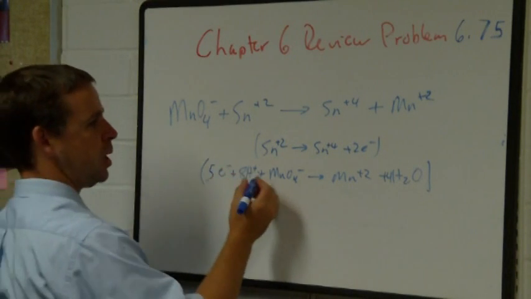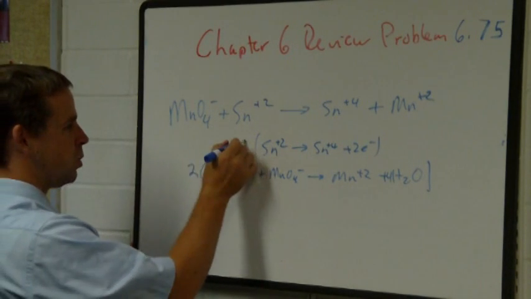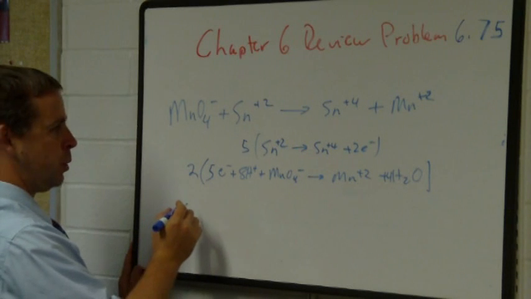So we're going to multiply this one by 2 and this one by 5, so we get rid of our 10 electrons.